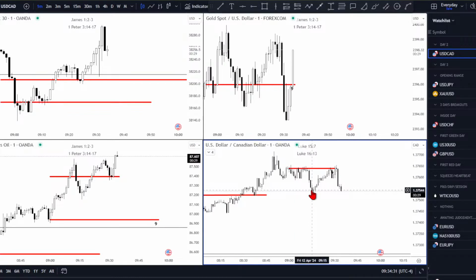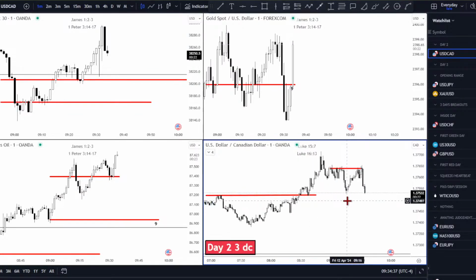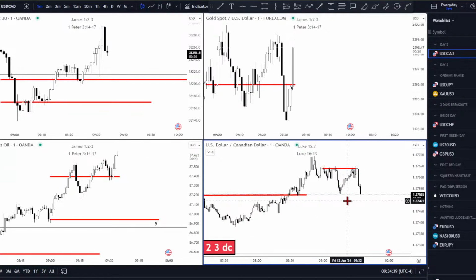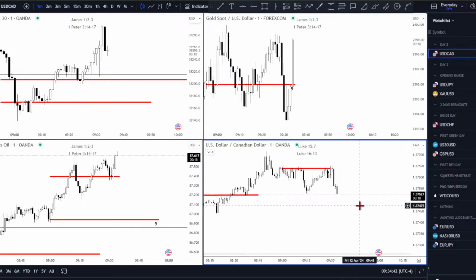Spike the low early, get people to start shorting, trade back up into the high, get people going long, stop out the early shorts. I'm not going to be able to set this up on my broker fast enough.